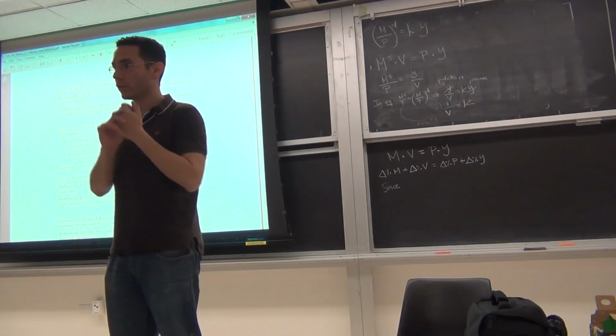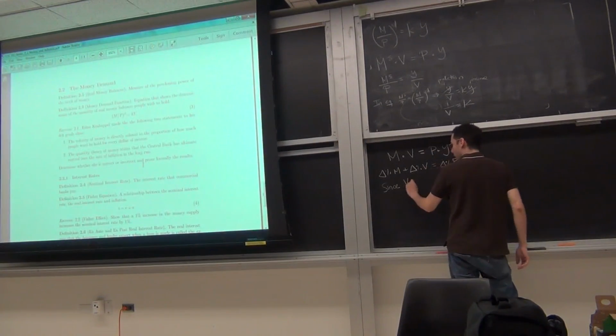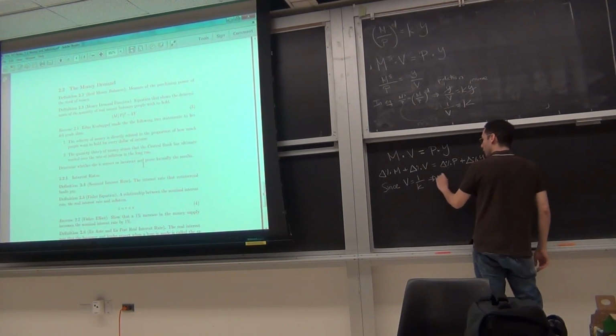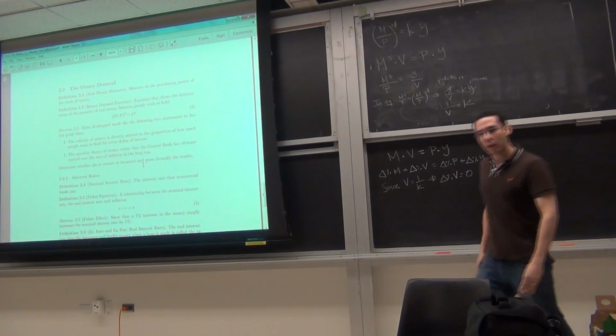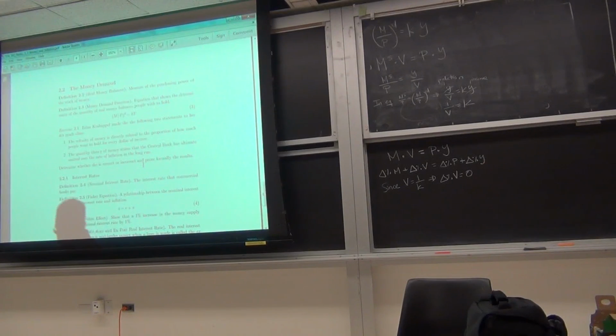Remember, real balances is just real money, right? Since v equals 1 over k, it's a constant, which means that the percentage change in v is 0, right? The growth rate of the velocity of money is 0. Makes sense, right?